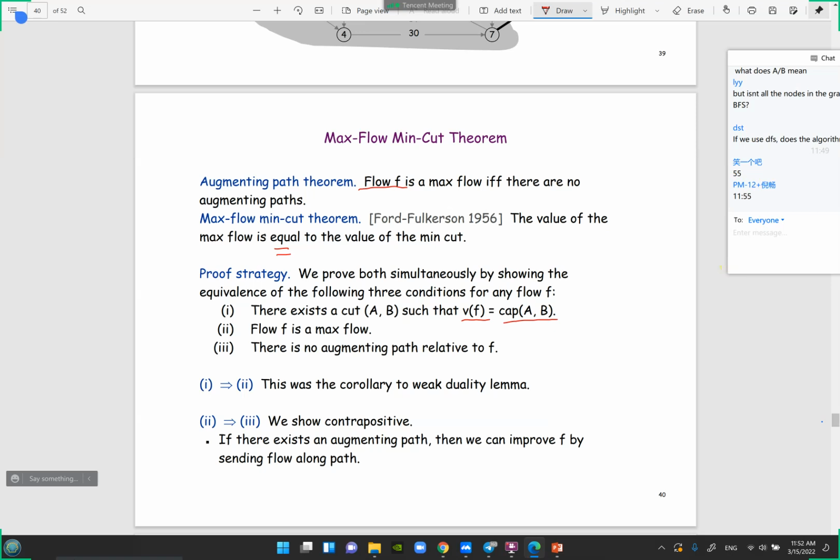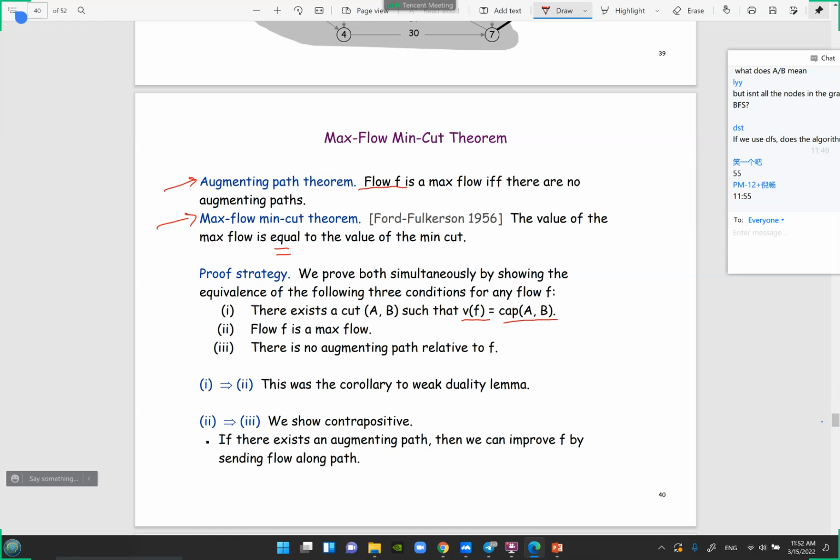Now we're going to show that all three conditions are equivalent to each other. For example, to prove the first theorem, what you need is to show that conditions 2 and 3 are equivalent: you have a max flow if and only if you have no augmenting path. And then this second theorem over here is equivalent to showing that 1 and 2 are equivalent.